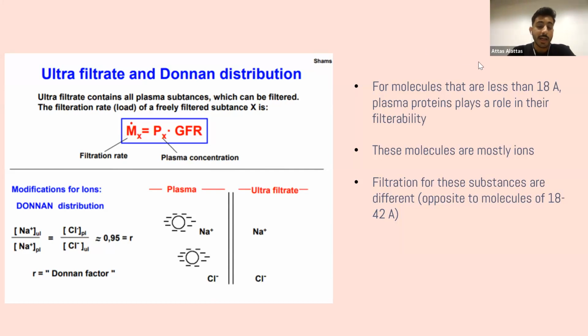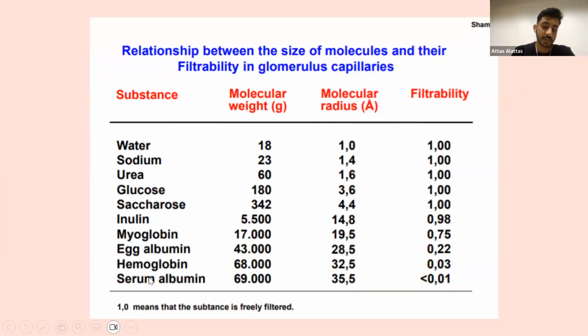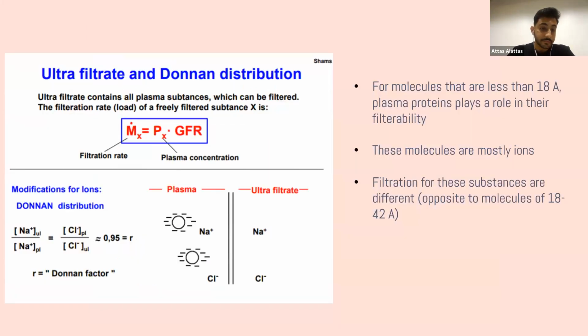This is why RBCs are not considered as ultrafiltrate. These substances are considered ultrafiltrate because they can be filtered, but RBCs cannot be filtered. We'll come to the filtration load in a bit.